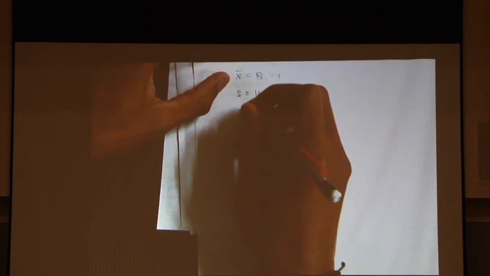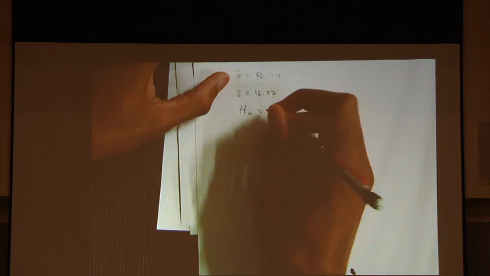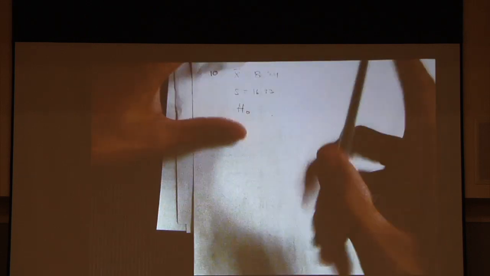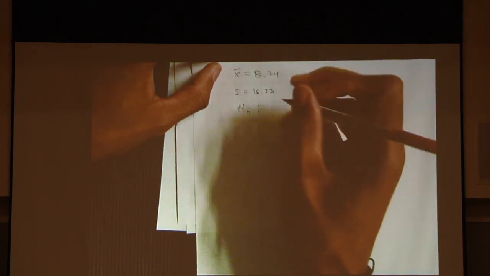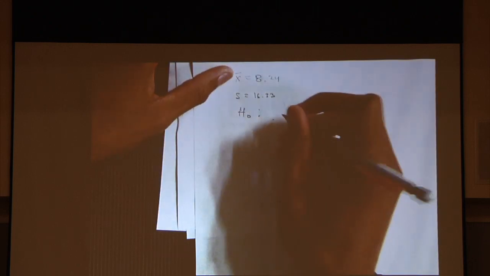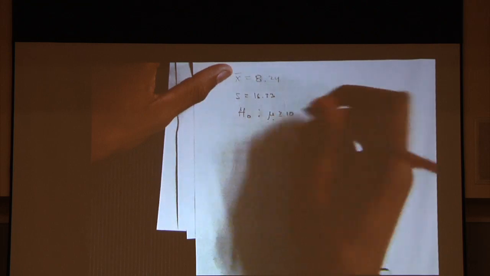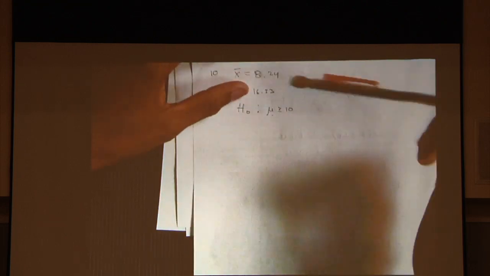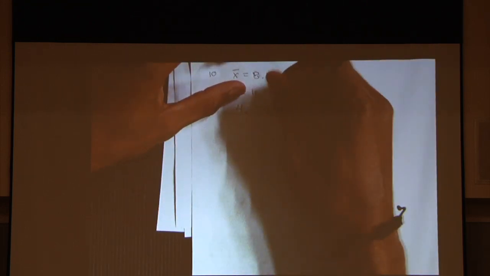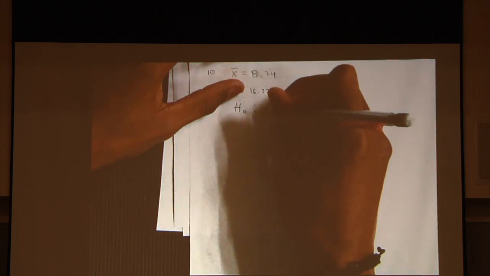So then a test is made where the null hypothesis is that your mean average profit margin is greater than or equal to 10. And to make it simpler, we always like to go with just equal to, right?